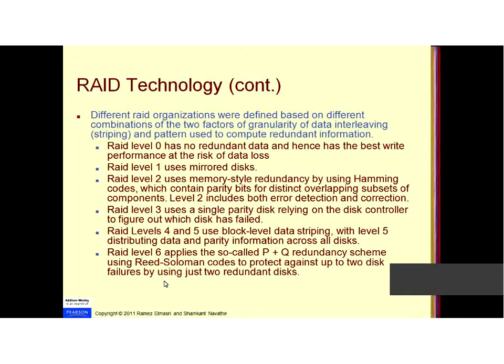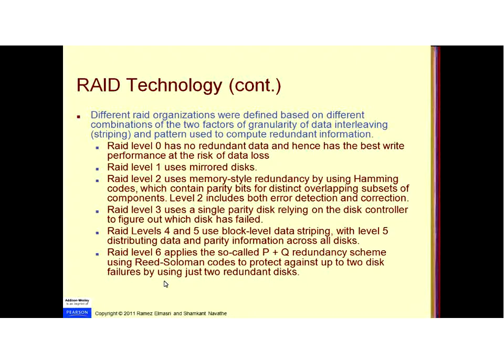Different RAID organizations were defined based on different combinations of two factors: the granularity of data interleaving, which means data striping, and the pattern used to compute redundant information. So you are going to access them in parallel. RAID level 0 has no redundant data and has the best write performance, at the risk of data loss. There are multiple levels in which it got improved; level 0 was the initial level.